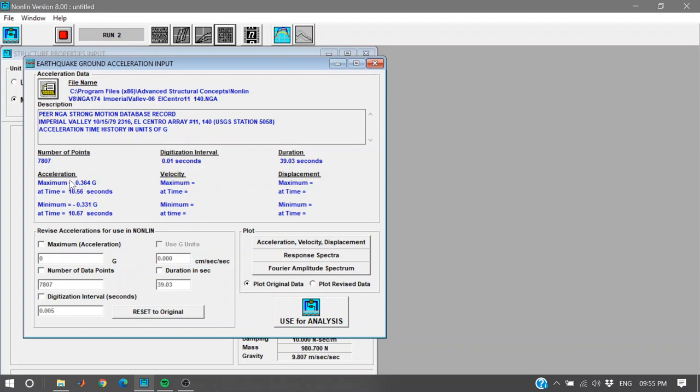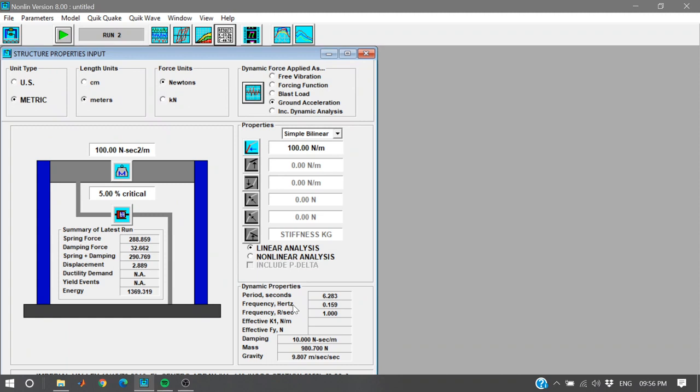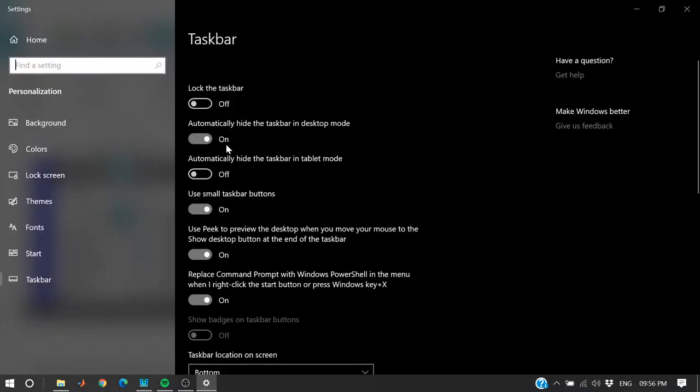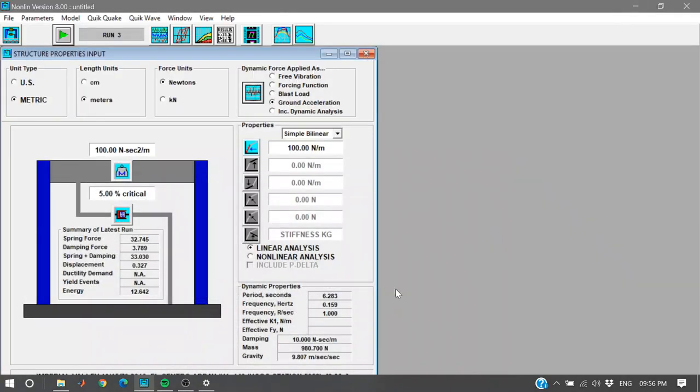Again, once you have selected the required earthquake, we need to press use for analysis. Use for analysis is done. Then we can press run analysis from here. It runs. If I hide my taskbar, you'll be able to see.